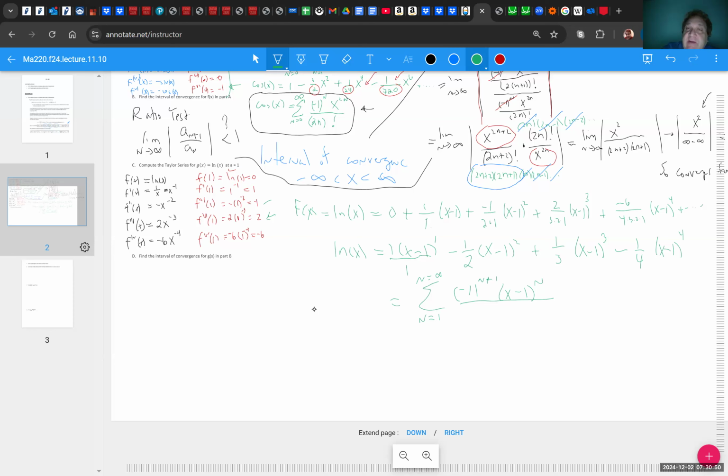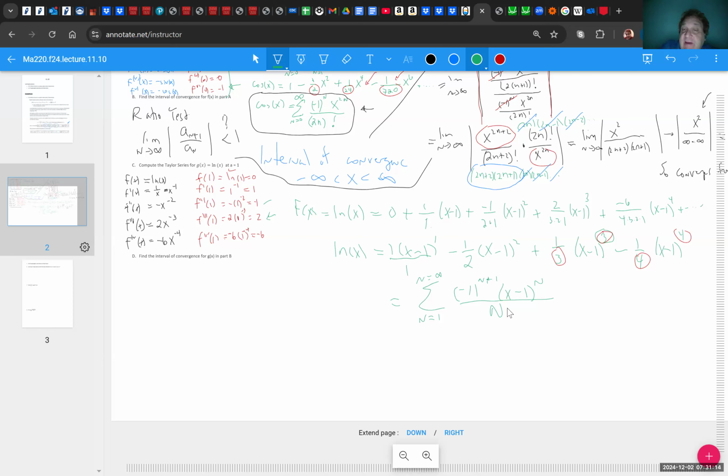In fact, if you notice, the exponent number matches the number on the bottom. The denominator matches the exponent each time. So our exponent was n, so what goes down here is n as well. And that's the closed form, that's the series form for natural log when we're centered at 1.